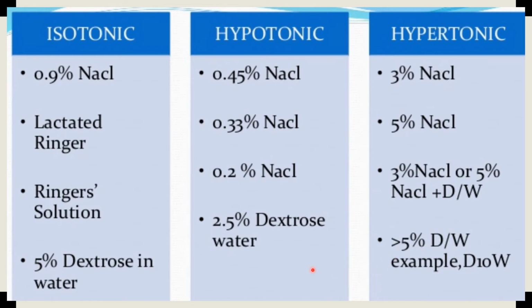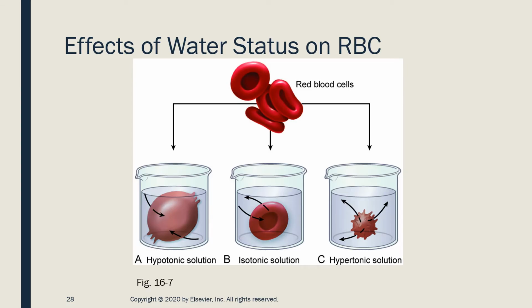Now I'm going to go back to the previous slide. As you can see here, there are effects of water on red blood cells. Here are our red blood cells. When you administer an isotonic solution, it doesn't seem to make any significant changes in the red blood cells.